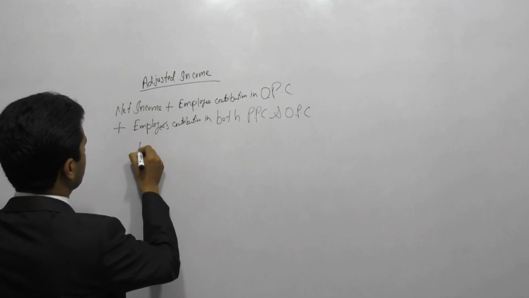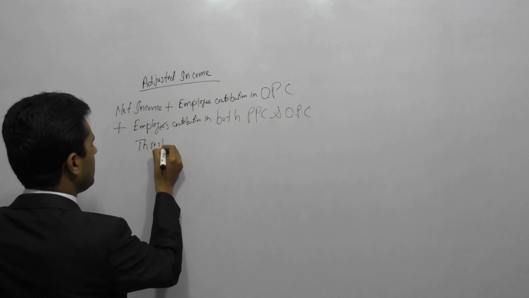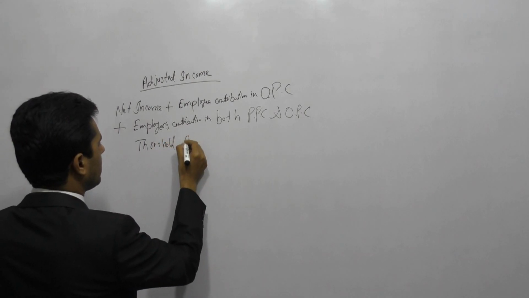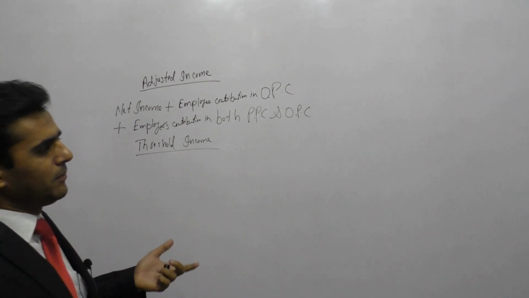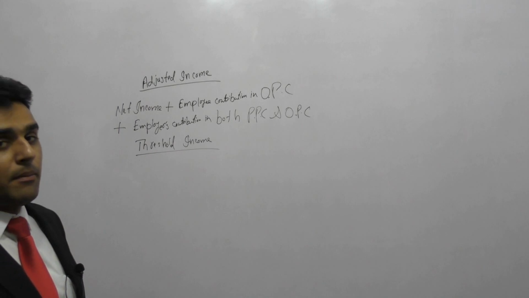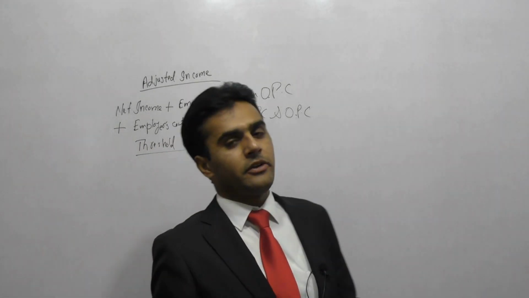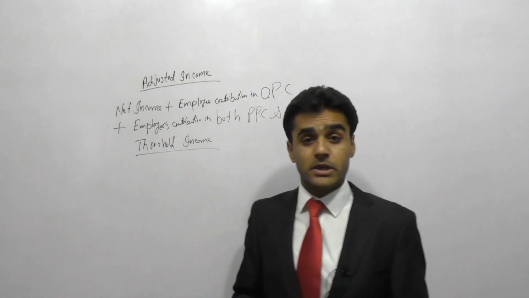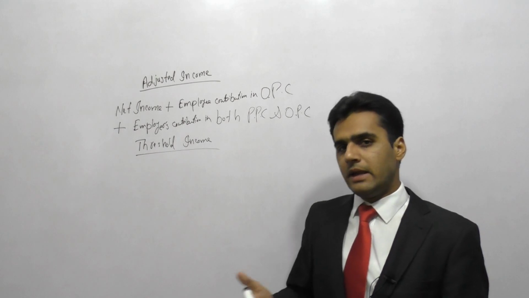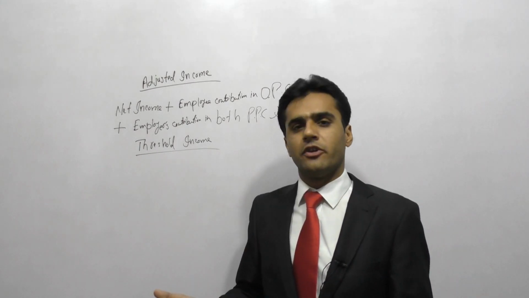That thing is called threshold income. Now threshold income simply means adjusted net income. Remember, the adjusted net income which we used to calculate in our chapter number 1. What was the formula? Net income less personal pension contribution.